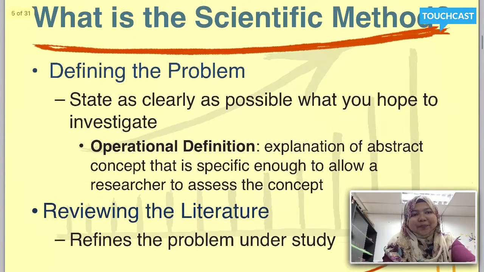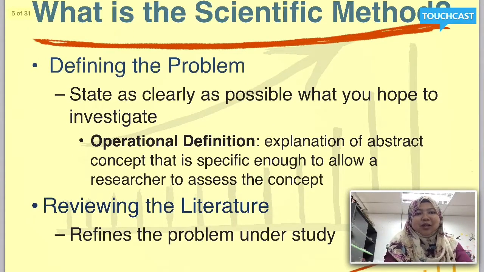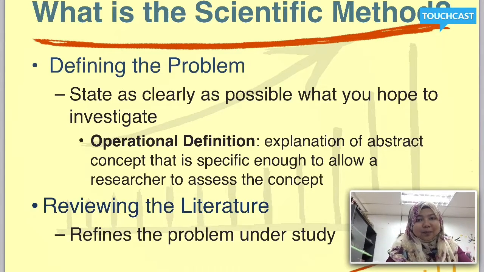You need to explain an abstract concept that is specific enough to allow a researcher to assess the concept. For example, if you talk about mat rempit, you need to have this operational definition. What is mat rempit? You can define them as an individual, okay, who has a motorcycle, and then who doesn't have a job, right, and then also comes out late night.